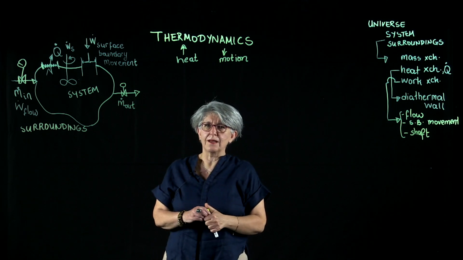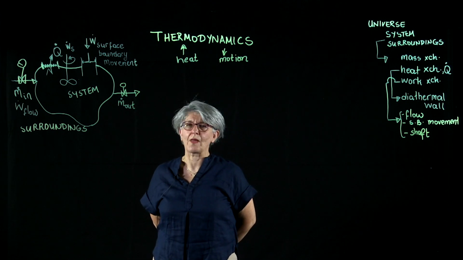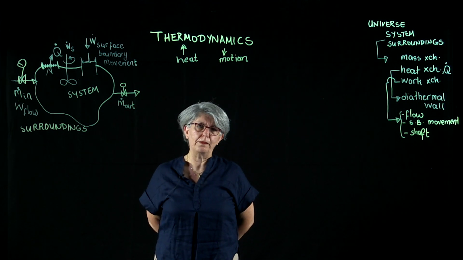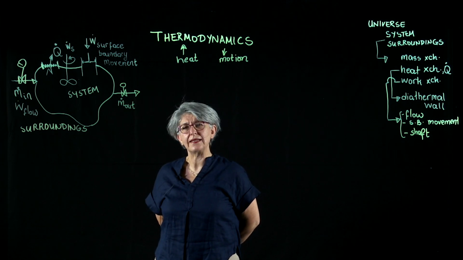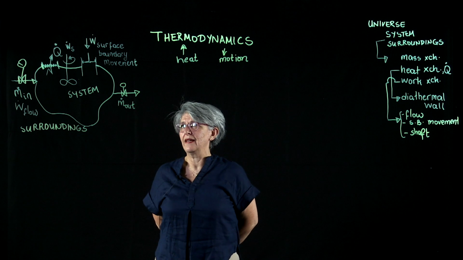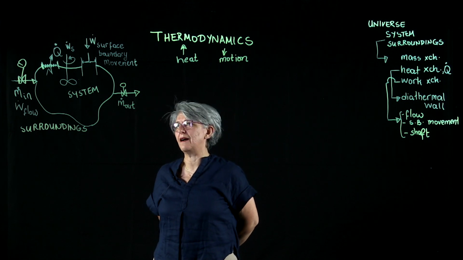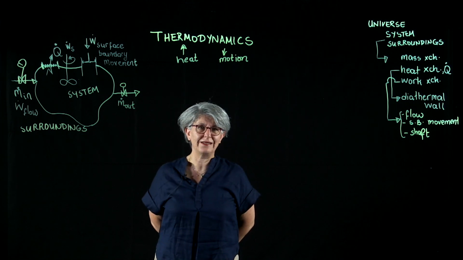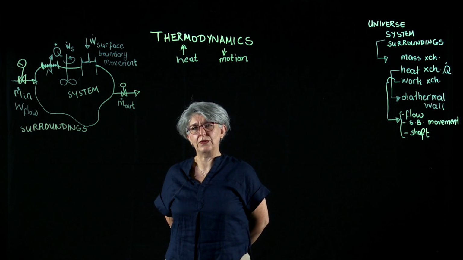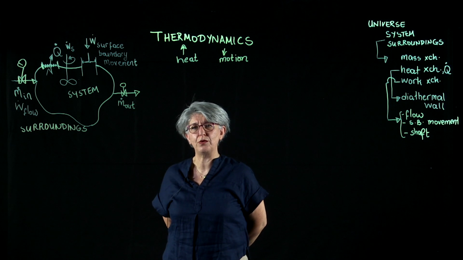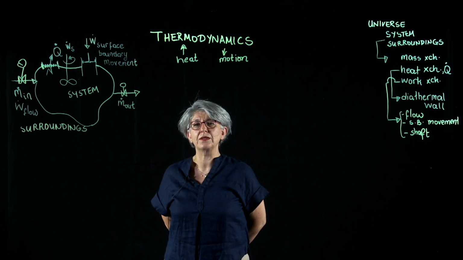Now let's take a human body as the system, and let's see whether we have any of these defined terms be related to the relationship of a human body with its surroundings.